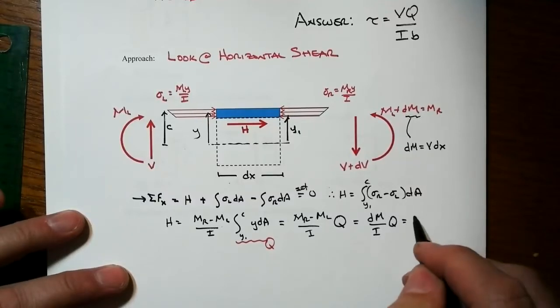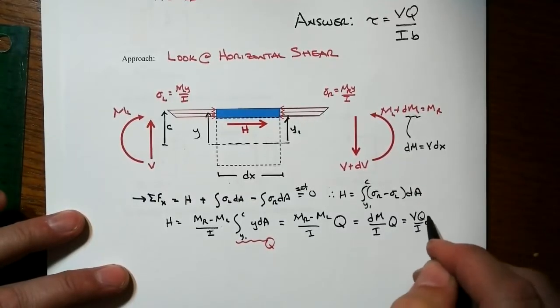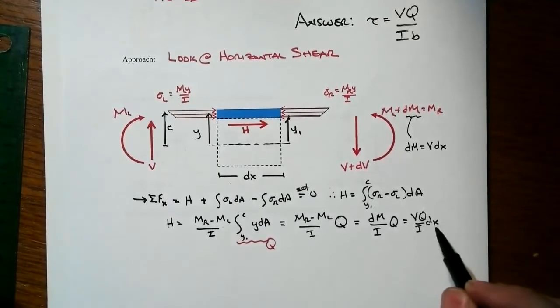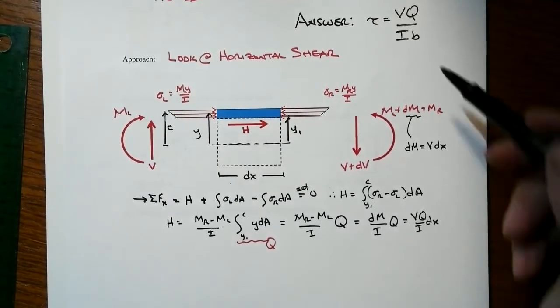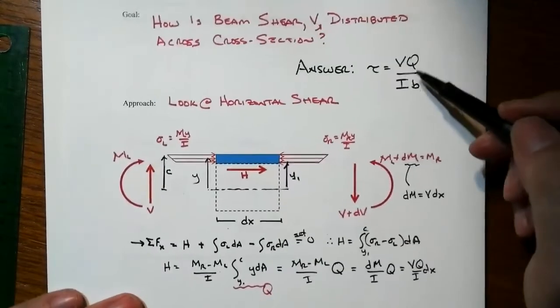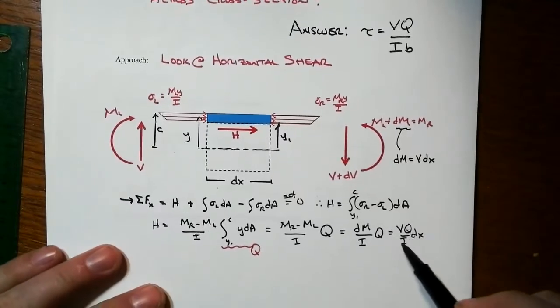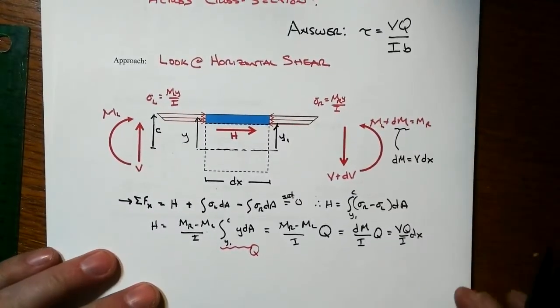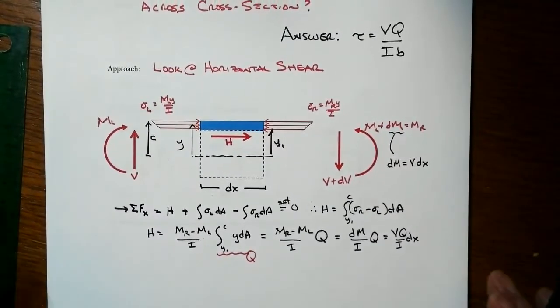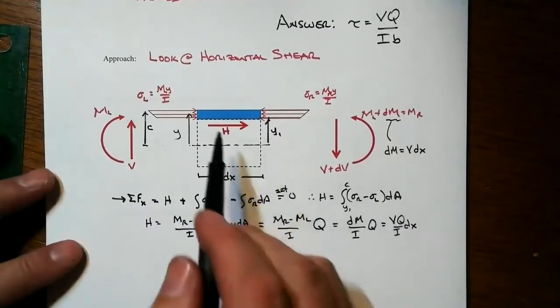Ooh, you know, that's kind of exciting stuff here. V times q over I times dx. I just split the v and the dx, because in our model, tau equals vq over Ib, look what we've got, vq and the I, and we don't have the b in there, and we don't have the tau in there yet. Well, now let's take a look.